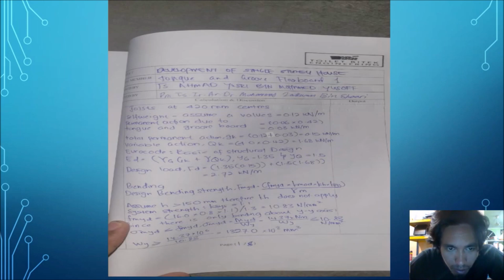Seterusnya kita design bending, design bending strength iaitu fm,y,d dengan menggunakan formula fm,y,d k mode kali kh kali k system bahagi dengan gamma M. Kita assume h sebanyak lebih besar daripada 150 mm dan kita dapat nilai fm,y,d sebanyak 10.83 Newton per millimeter square.